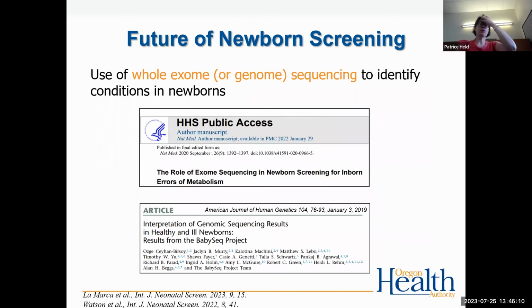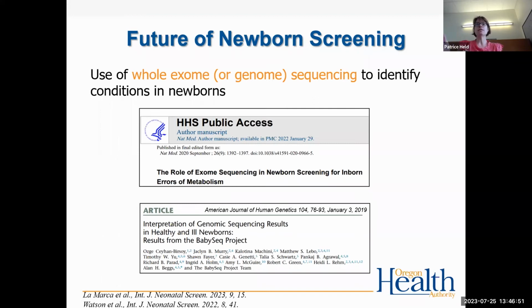So where else is newborn screening going in the future? Certainly there will be an introduction of new technologies. The use of whole exome or whole genome sequencing is just starting to touch newborn screening laboratories. There have been several papers published about it, such as the use of whole exome sequencing to identify inborn errors of metabolism, or the use of whole genome sequencing to describe the differences between healthy and sick newborns.